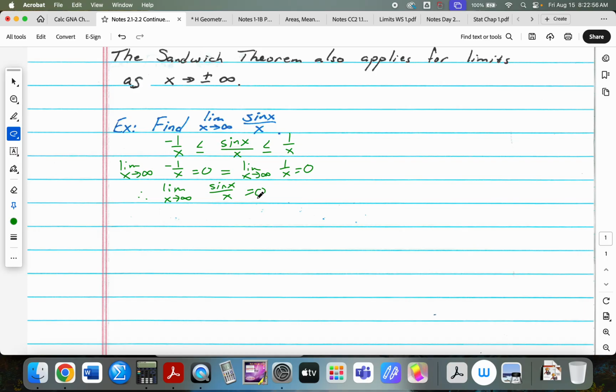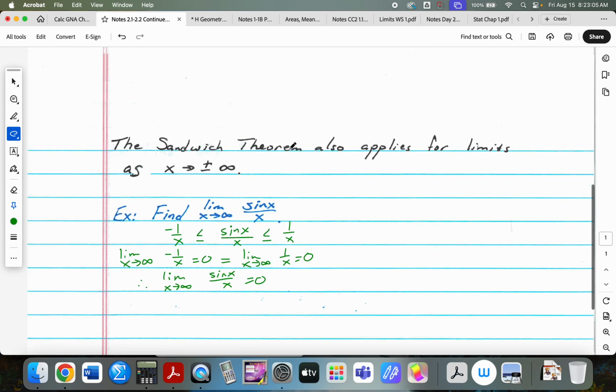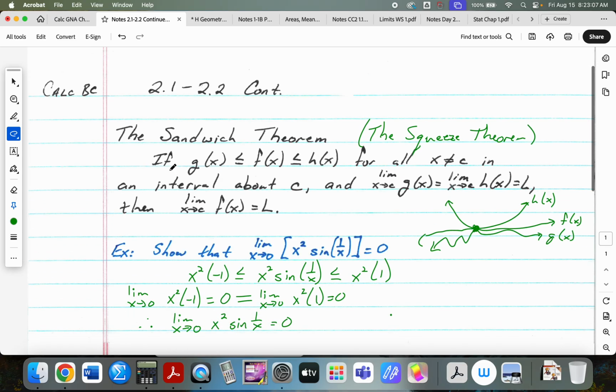So although I haven't named the sandwich theorem, I could say then by the squeeze theorem, but I have laid out all of the things that were requirements. We have this requirement, we show that we have met that requirement. And then we show that this is true, and then therefore we can say this is true. So that process of, if there are requirements, we have to show that we have met those requirements, and therefore we can make this conclusion. Okay? That's going to come up a lot.